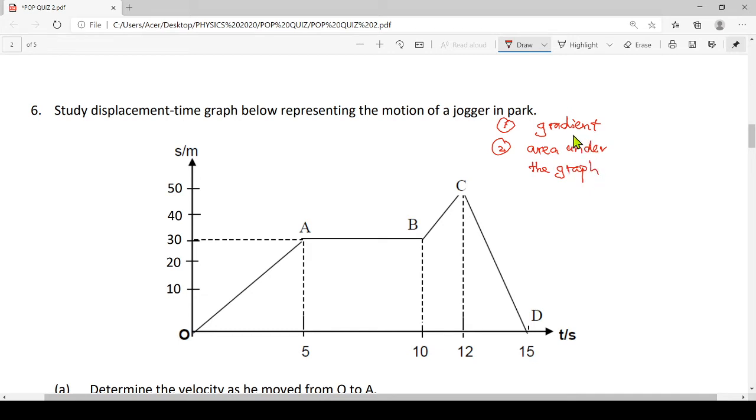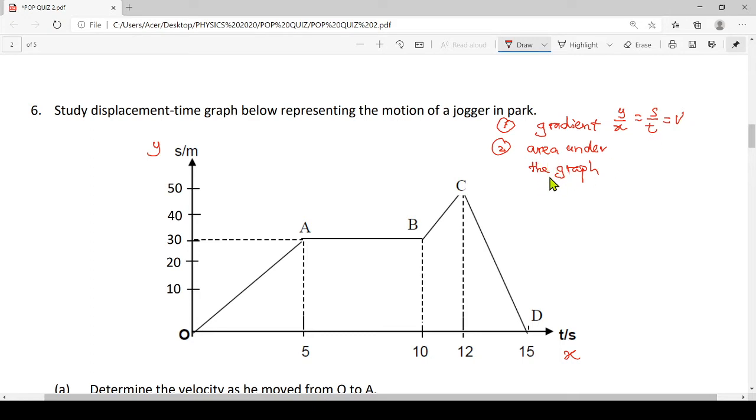If I look at the gradient, normally it is y over x. So y over x in my graph is s over t. Okay, here is your y axis, here is your x axis. So s over t, okay, so that is our velocity. Velocity equals displacement over time.